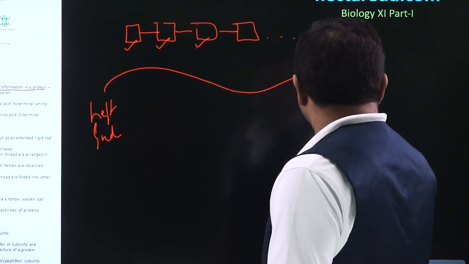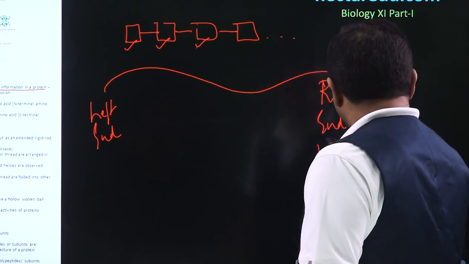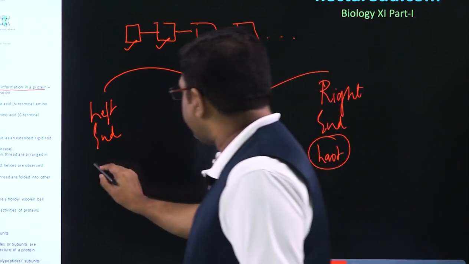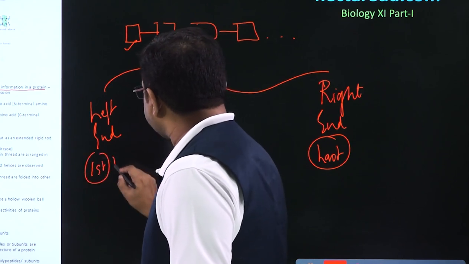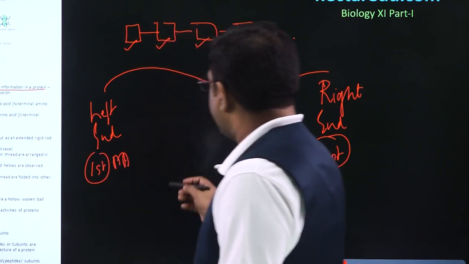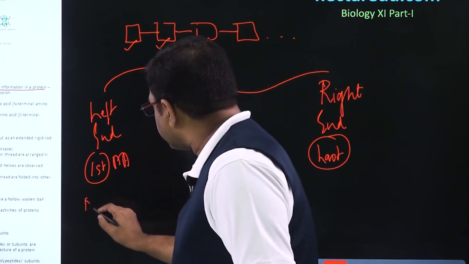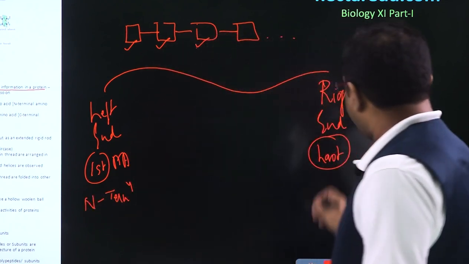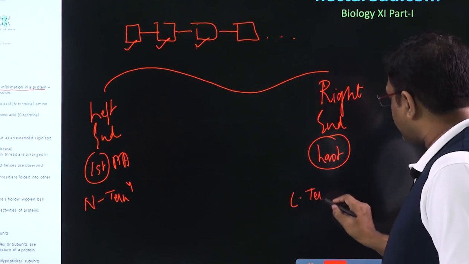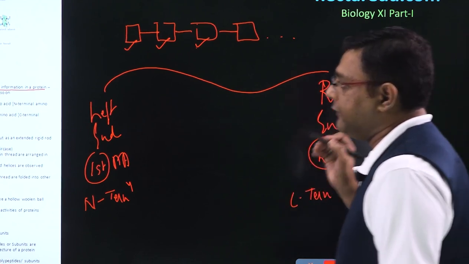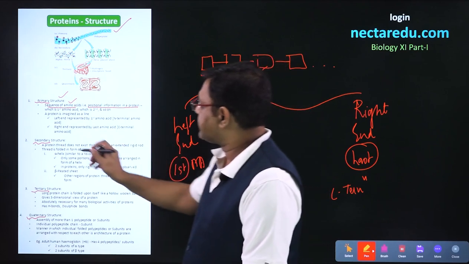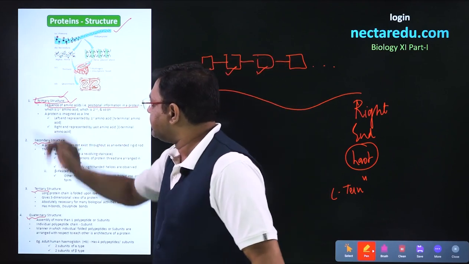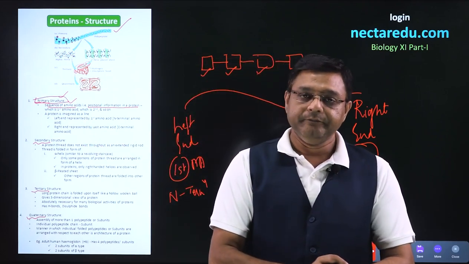This right end is called the last amino acid, and this left end is called the first amino acid. Now this left end is called the N-terminal amino acid, and this right end is called the C-terminal amino acid. So this structure comes when we consider the primary structure.